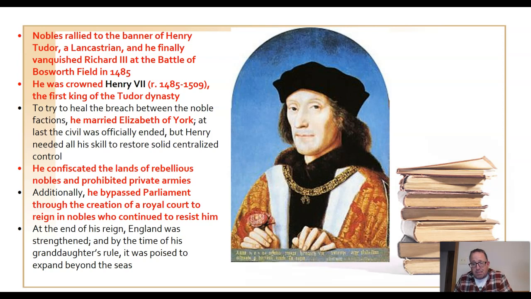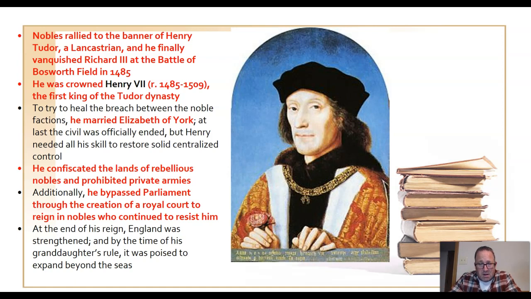And you probably are familiar with his son, Henry VIII. Henry VIII had a daughter whose name was Mary, Queen Mary, and she had a nickname known as Bloody Mary. And then he had another daughter who was the head of state. And we'll talk about that. England actually has two female heads of state, which is very unique for this time period.